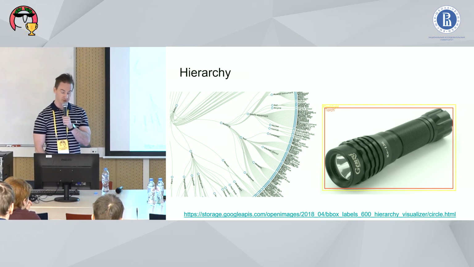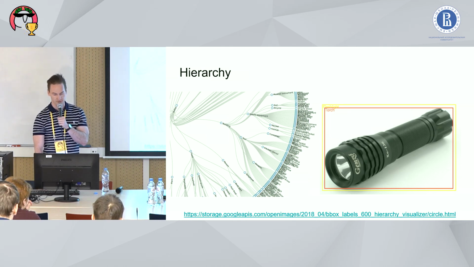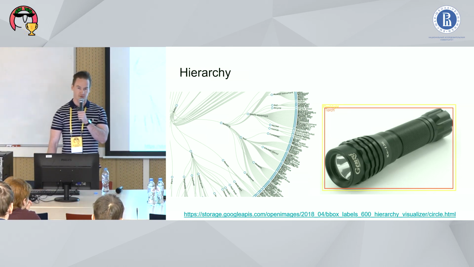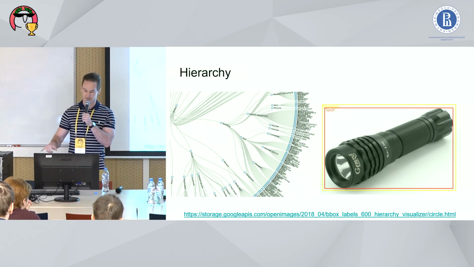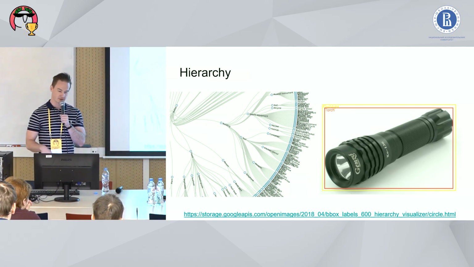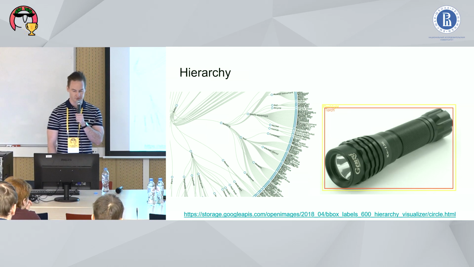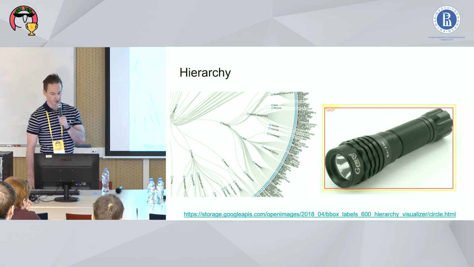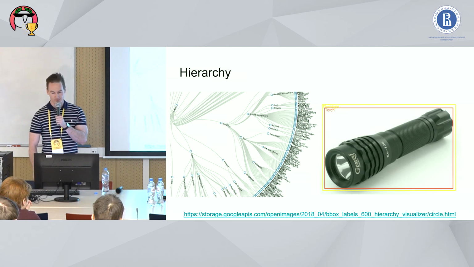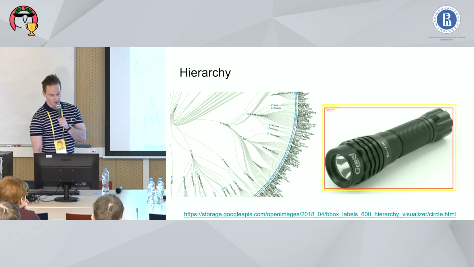For more details, please visit the site of the competition. It has a very detailed description of this hierarchy. I use only the first level of the hierarchy, so it's a final leaf. And using this hierarchy, I can predict the other classes because, if I predict that there is a torch on the image, then I can figure out that it's also a flashlight on the image.